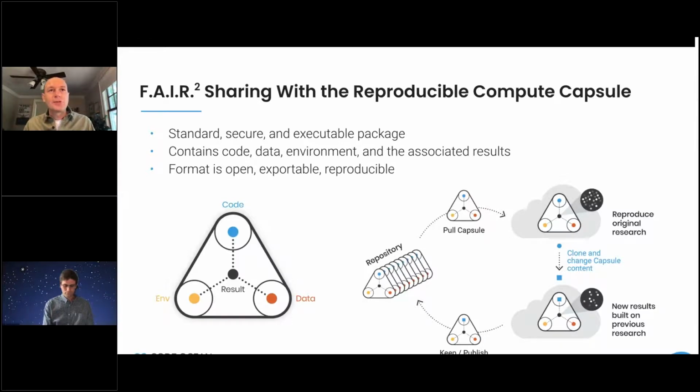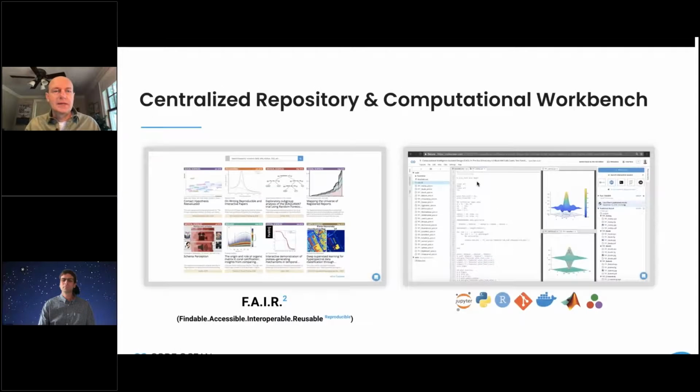But everything that we're going to show you now is on our open public cloud, and Benjamin worked on this capsule and published it, I think, yesterday. The product itself in CodeOcean has two main components: a computational workbench that you can use to create, organize, and share your work with all the different open source tools that you like to use, like Jupyter, Python, R, RStudio, any programming language that you want to.